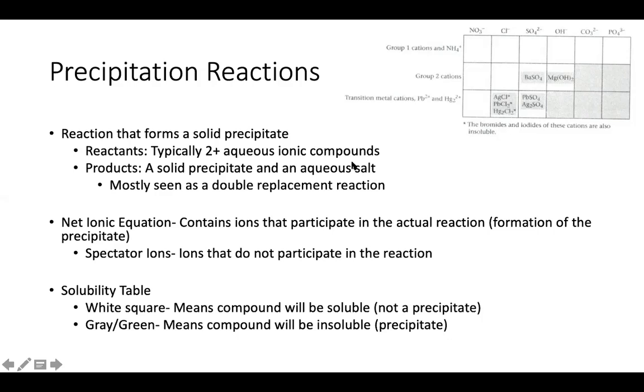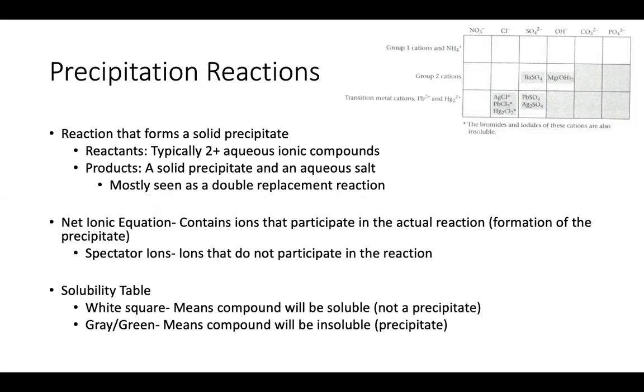Salts should both be in the aqueous state. The only thing that won't be aqueous is our solid precipitate on the product side. We typically see precipitation reactions as double replacement reactions, which means if a cation and anion are paired on the reactant side, they won't be paired on the product side. You almost just switch your anions to write the product side.